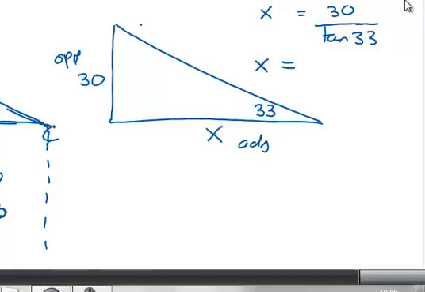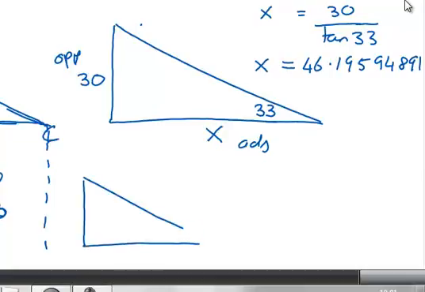So x is going to equal, again, it's quite long, but you're going to have to put in the full answer. It's 46.1954891. It's a little bit tight there, but it'll be okay. Then on your smaller triangle, I'm just going to redraw it again because it was messy there. So 30, I'm going to call this x this time again, only now I'll be dealing with an angle of 68 degrees.